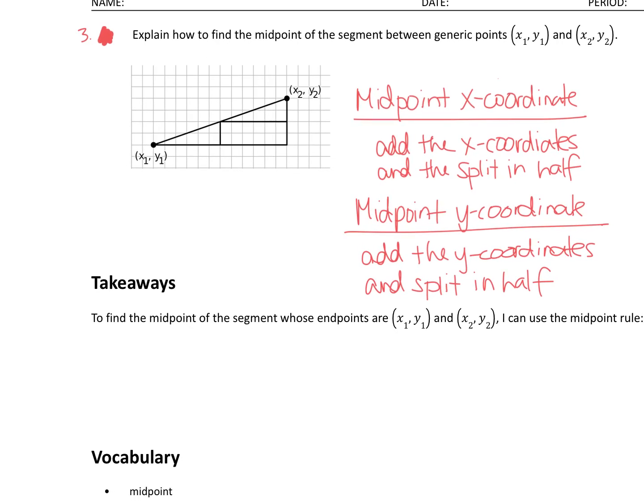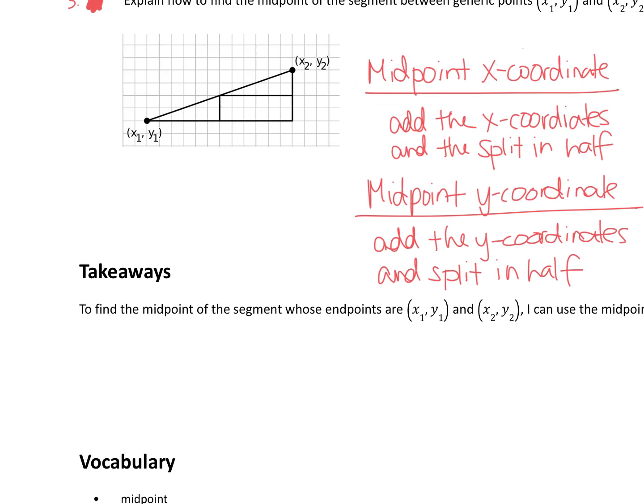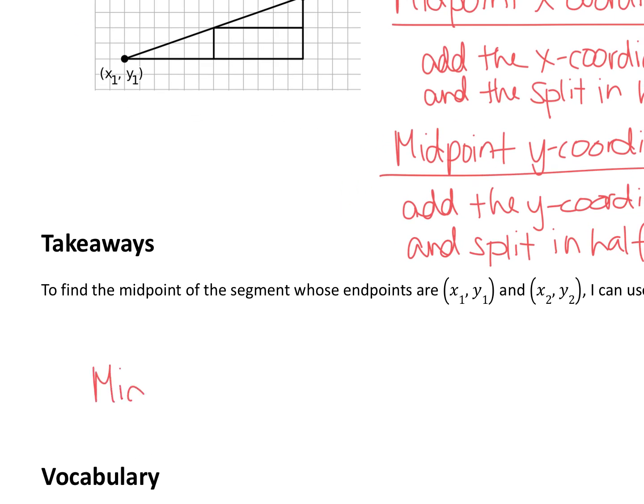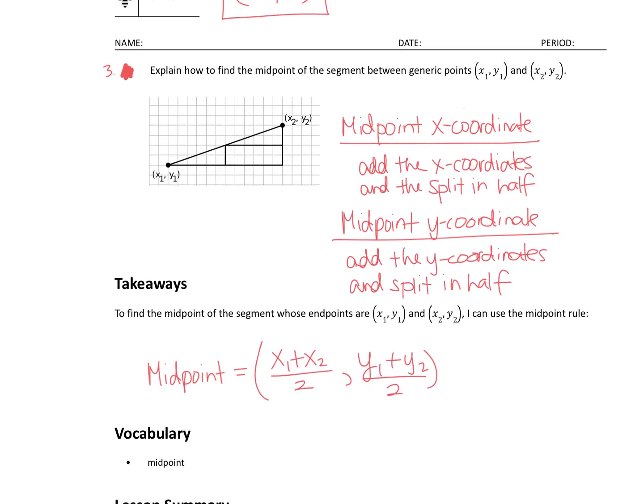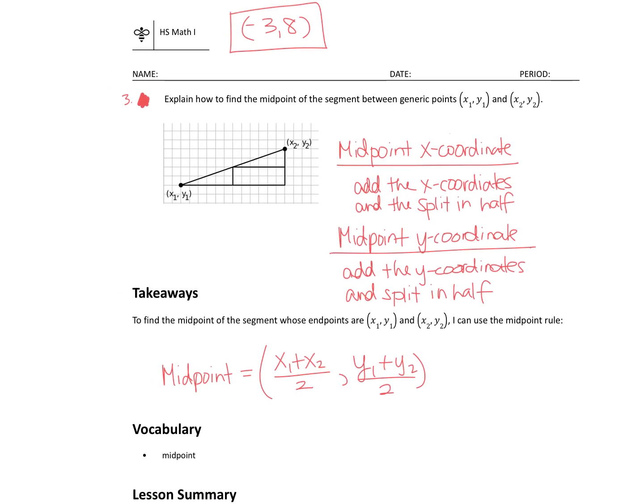So the midpoint is going to be parentheses x1 plus x2 split in half, comma, and then y1 plus y2 also divided by 2. Okay, those are the video notes for 8.2. I wish you luck on your practice.